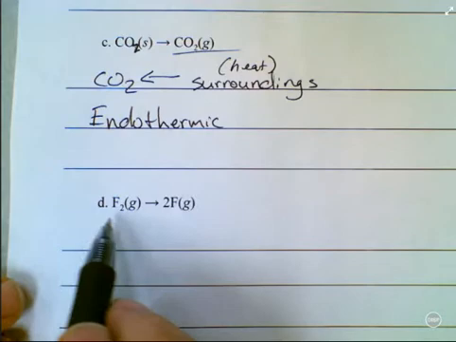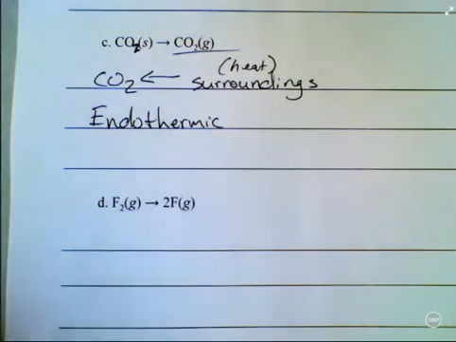And what we have here, if you don't understand it at first glance, we have fluorine gas, okay, a diatomic molecule. And then we have the same number of fluorine atoms, but each fluorine atom is completely individual. Okay, the bond that binds the two fluorine atoms has been severed. Now, if you remember your diatomic molecules, the reason that they exist as diatomic molecules is because in that form, they have the lowest potential energy of any other arrangement.